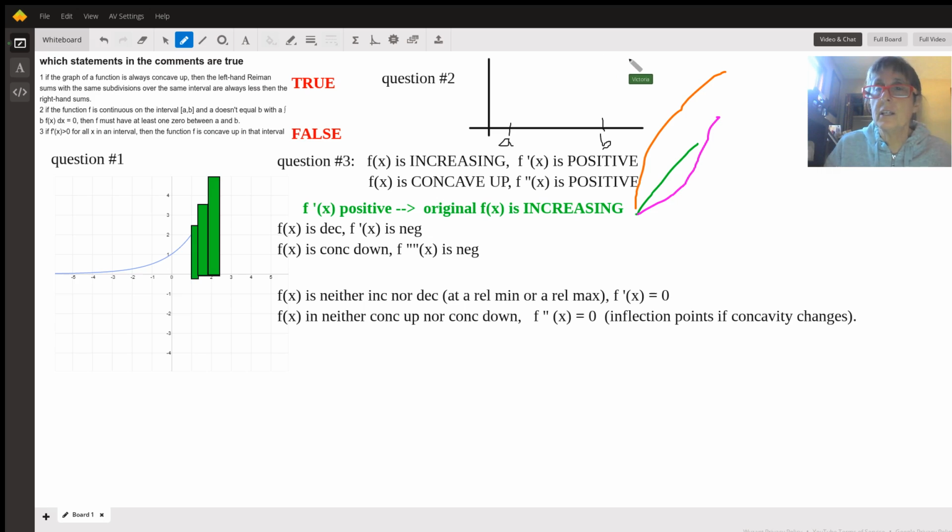And what they're saying is that the integral from a to b of f of x equals 0. Okay, they're saying this is true. Oh, I need a dx in here. Let's make it official. F of x dx equals 0.